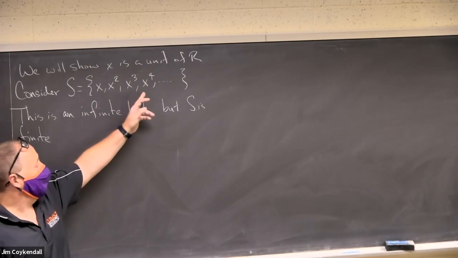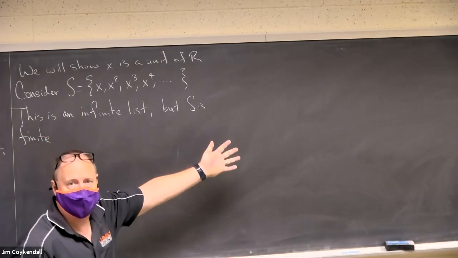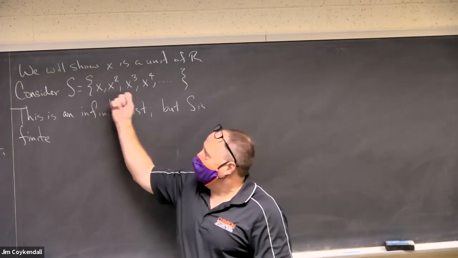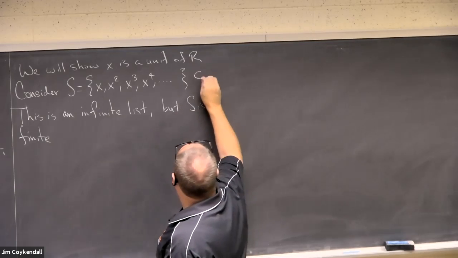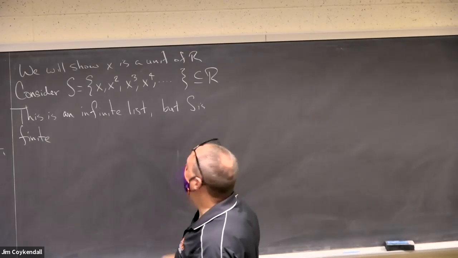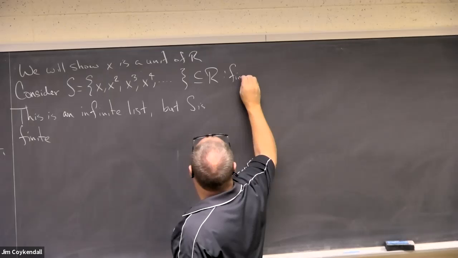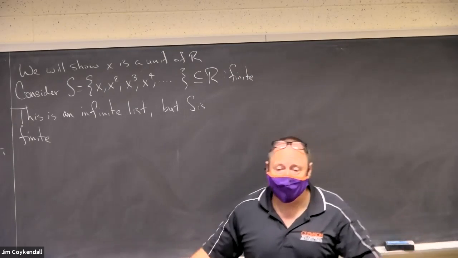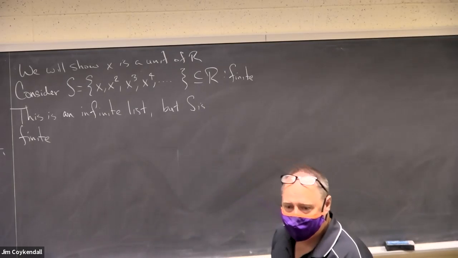X squared, x cubed, x to the fourth, forever, that's an infinite list, never stops. However, these are all in the ring R, which is fine. And I don't know much, but I know that any subset of a finite set is fine. Everybody agree with that?